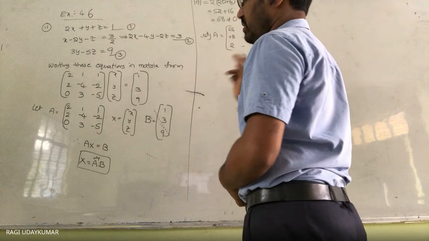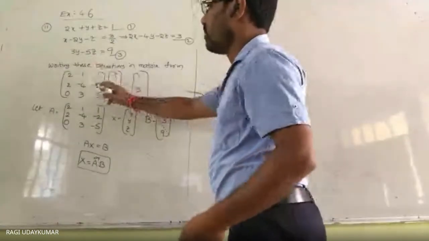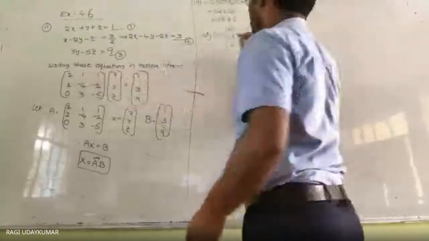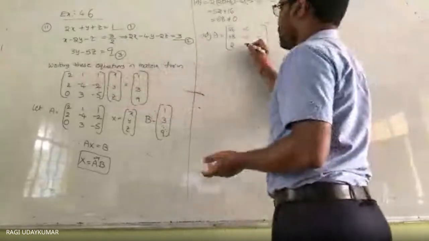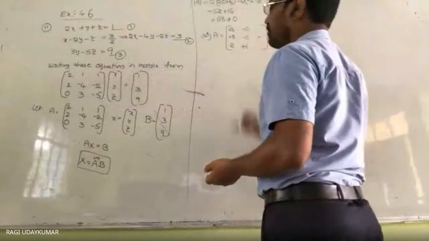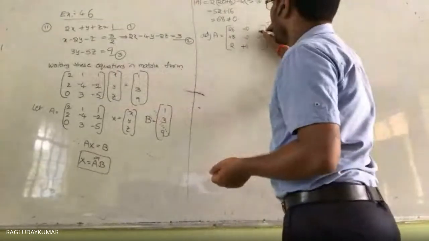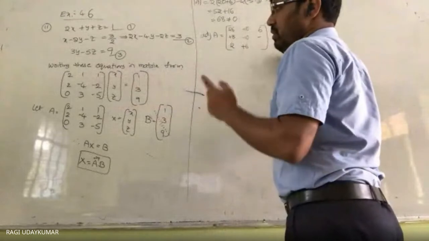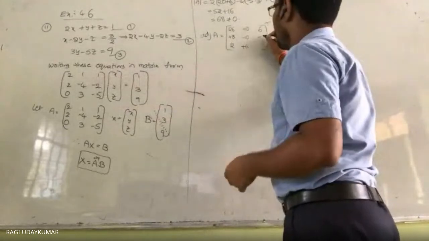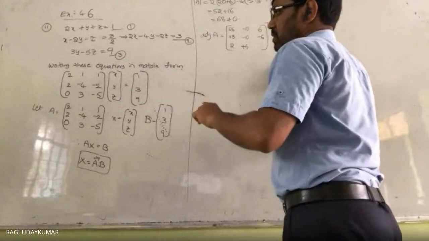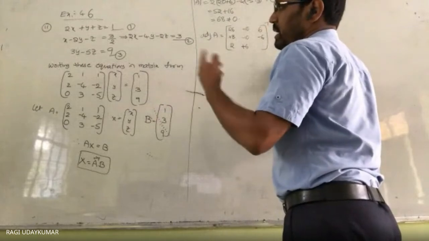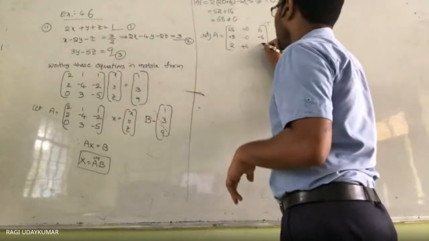Okay. For the 3, this row and this column: minus 4, minus 2, minus 6. So it becomes plus 6. Next, 6. Next, 6, minus 6. Last element: minus 8, minus 2, minus 10.